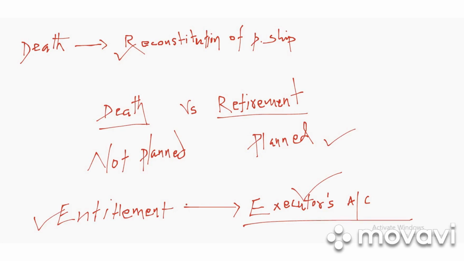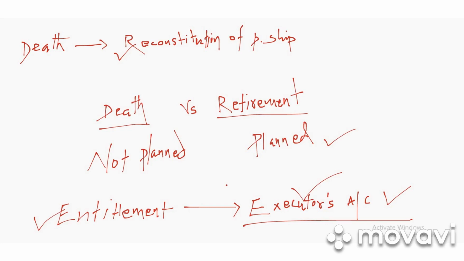In case of the deceased partner's account, the balance will be transferred to the executor's account, which can be paid immediately, or it will be taken as a loan, or it can be paid in installments. Okay, so basically the settlement procedure is more or less the same for death and retirement.